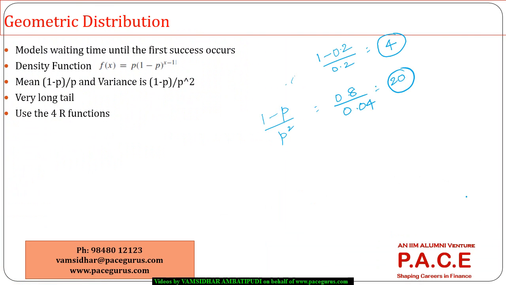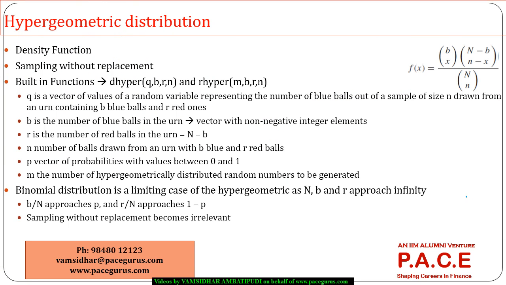Now, once we are done with the geometric distribution, the next important distribution that we need to understand in this context is the hypergeometric distribution, which works on similar lines. It's similar to a binomial distribution, where we said that the trials are independent, right?